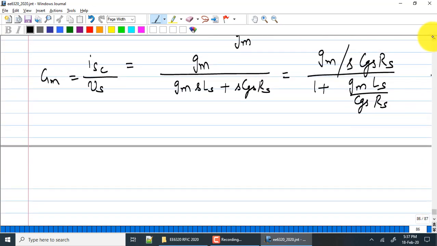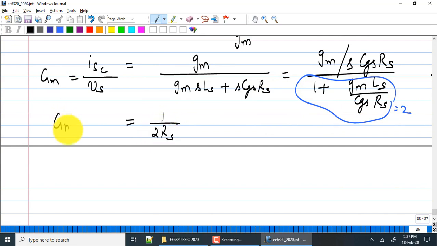So this is basically... so this portion is 2. This portion is 2. So if I were to write it, I would write it as 1 by 2 Rs. So I'll write it as Gm of omega naught now. Okay. Magnitude of Gm of omega naught. We are interested in the magnitude of the transconductance.